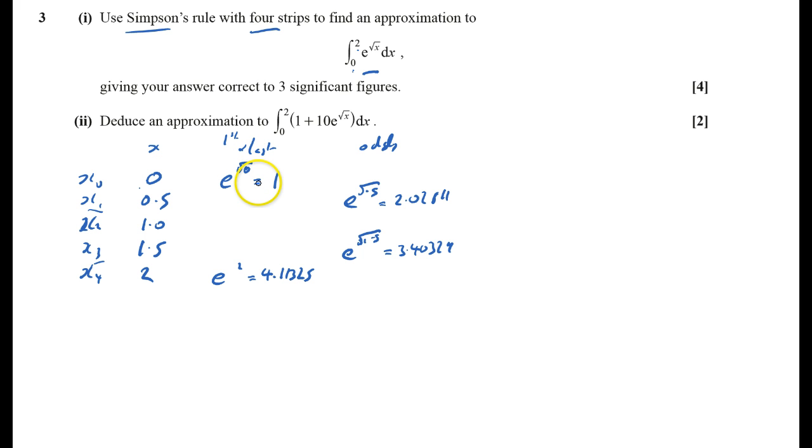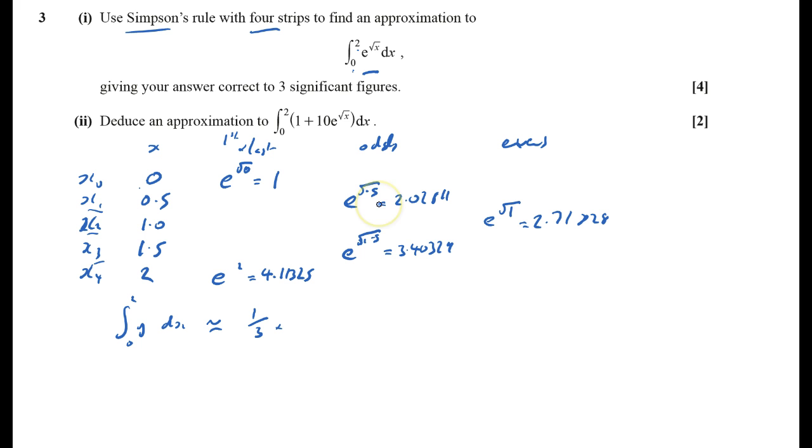That's those two. And finally the evens, x2, which is going to be e to the root 1, which is 2.71828.